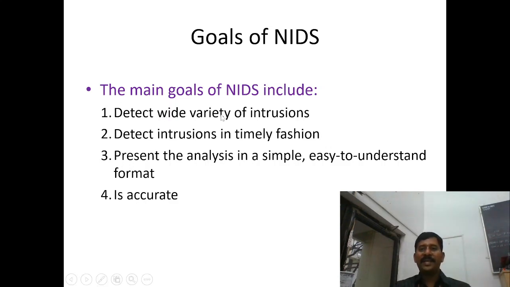Detect a wide variety of intrusions. This is the main goal of a network intrusion detection system, covering previously known and unknown attacks, and it may need to learn or adapt to new attacks or changes in behavior. Second, detect intrusions in a timely fashion.